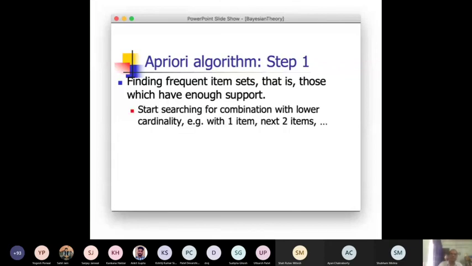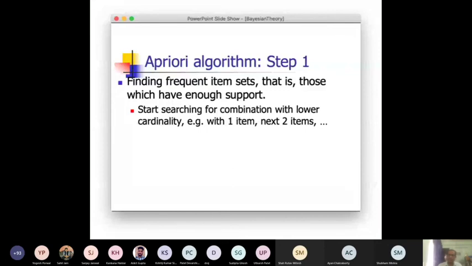So this is the way it goes: you find the frequent item sets, that is, those which have enough support. For that, because the number of combinations could be exponentially explosive, you can use a greedy approach once again. The greedy approach says to first start with a small set of combinations.